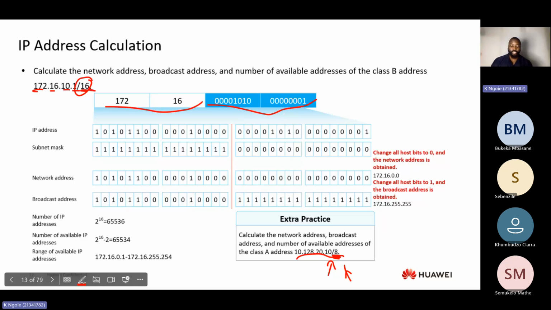All right, guys. So I'll ask again. How many do you think, because this 8 is the network ID. So in the network, we're going to have 8 bits. What about the host in this case? What about the host part?